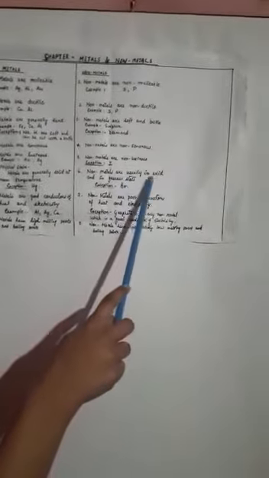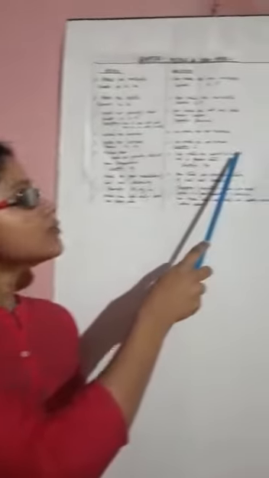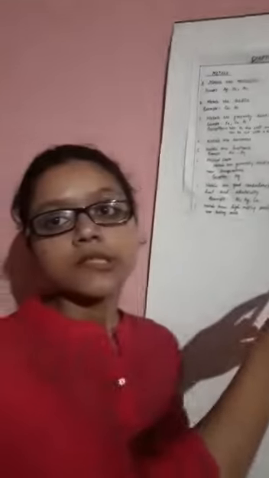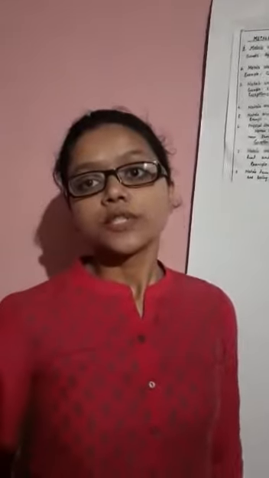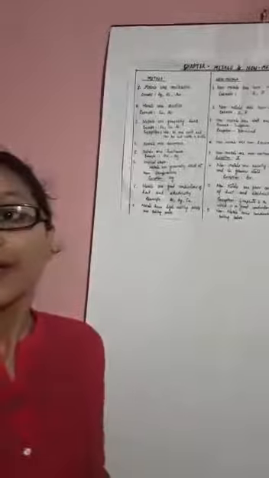Non-metals are usually found in solid form and in gaseous form. In solid form, you find carbon, sulfur, phosphorus, etc. And in gaseous form, you find hydrogen, nitrogen, oxygen. Exception is bromine, the only non-metal which is liquid at room temperature.